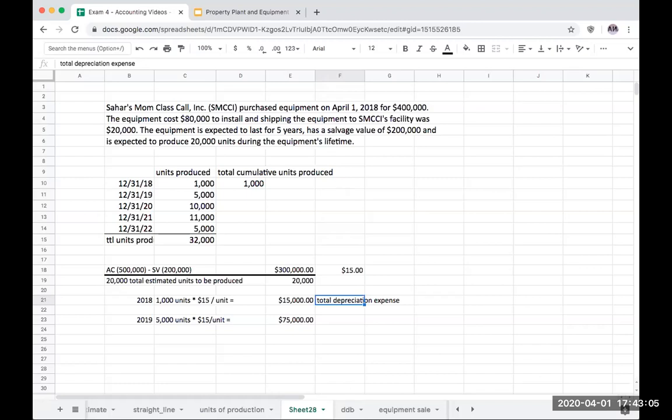Now, in terms of the cumulative number of units produced, it's going to be 5,000 plus the 1,000 from the prior year, or 6,000. Why this becomes so important is I cannot take depreciation beyond 20,000 units, because that is the number in my denominator.